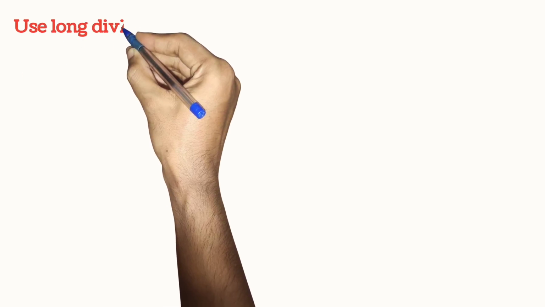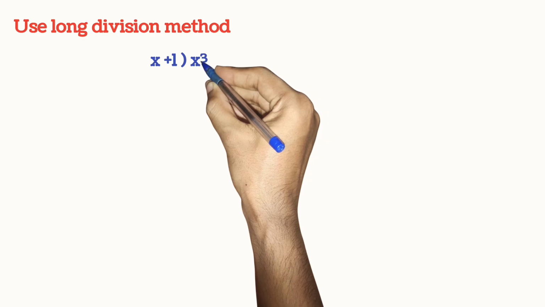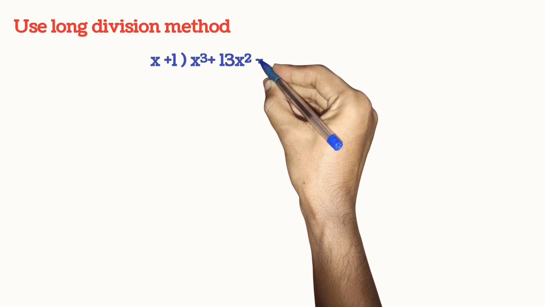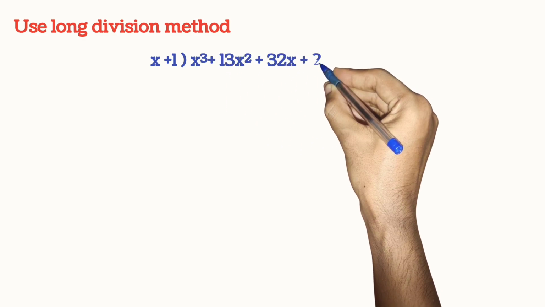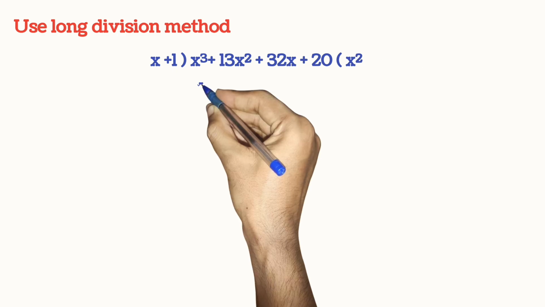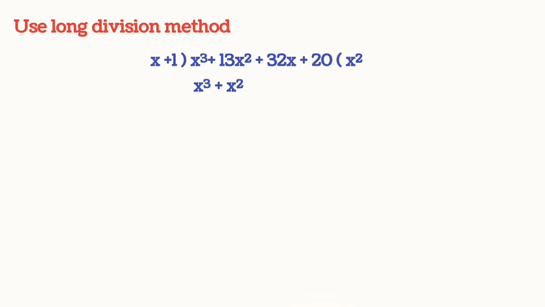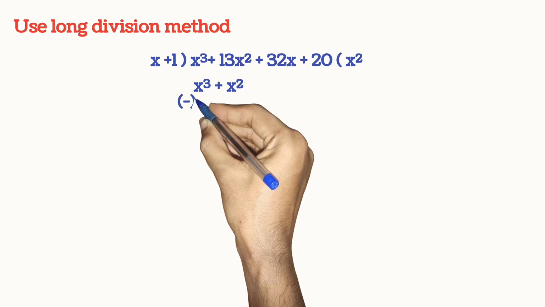Use the long division method. For this, x plus 1 divides x cubed plus 13x squared plus 32x plus 20. First, x squared multiplied with the divisor x plus 1, we get x cubed plus x squared. Now subtract. During subtraction, the sign will change.